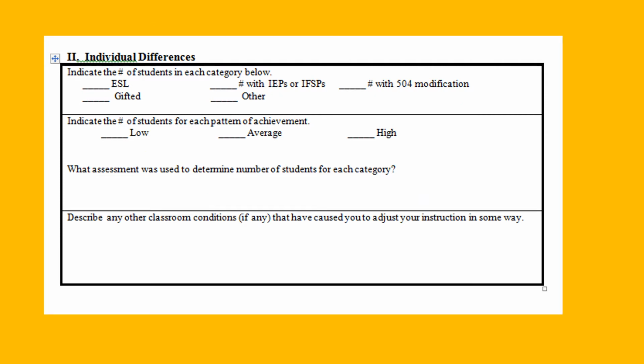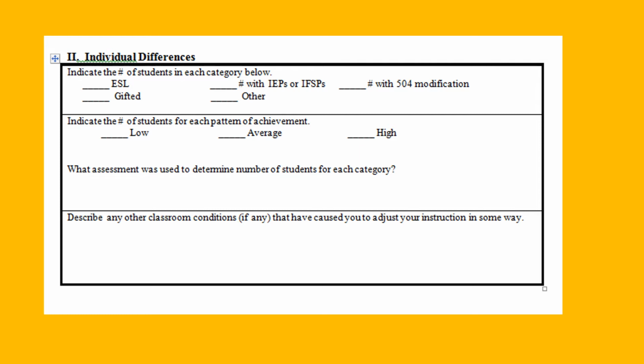The information located within this section will actually be used at another part of the teacher candidate work sample. So whenever you are giving us the information about the students in the top category and the high, average, and low category, we would like you to use assessment in order to prove the information.